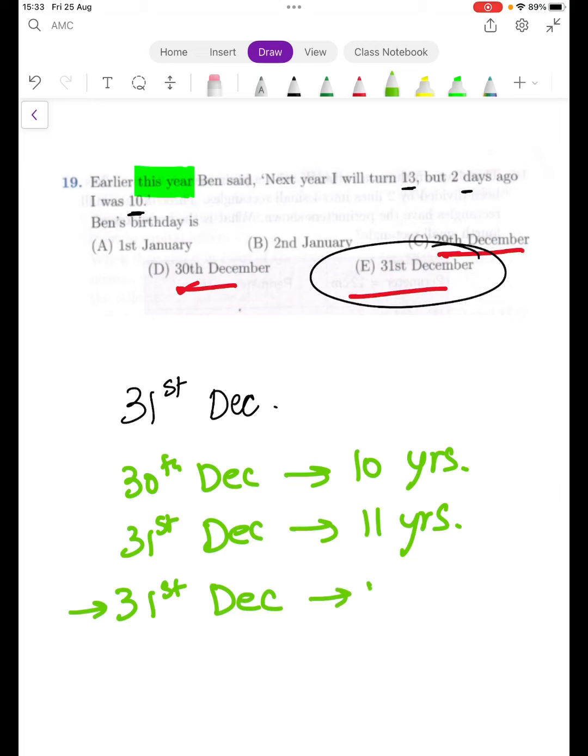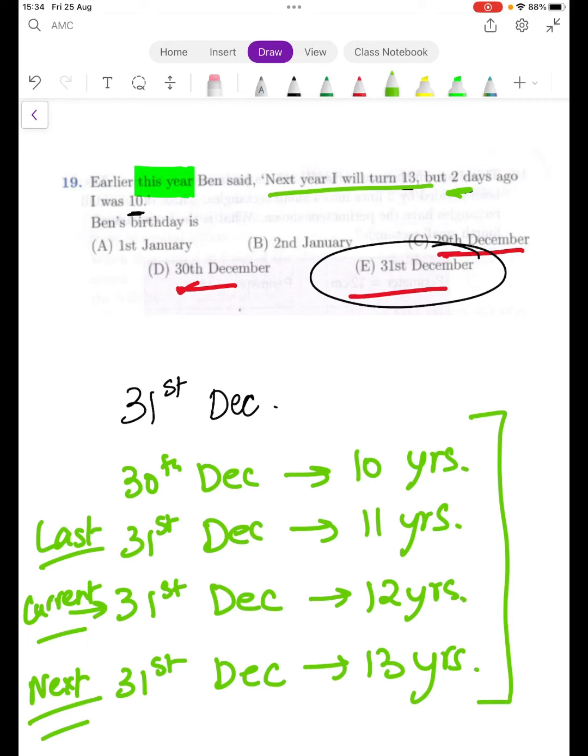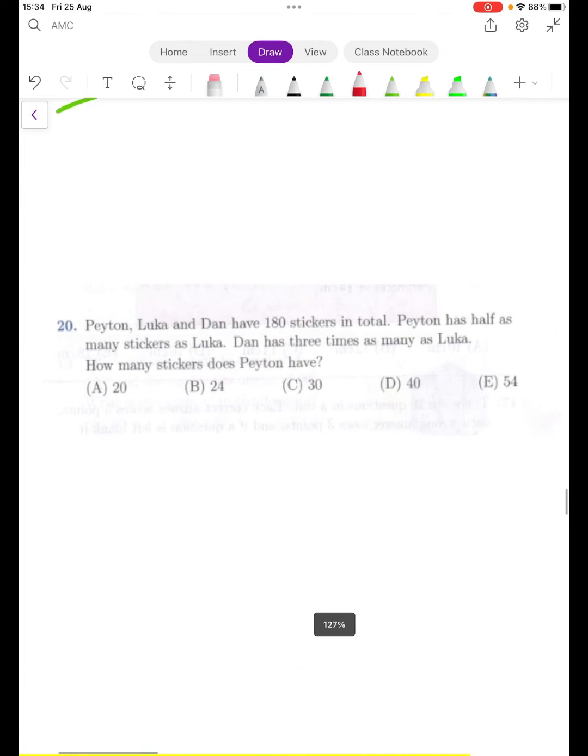So 31st December of this current year, he will turn 12 years. And as he said, next year I will turn 13. So the 31st December of next year, this is next, current, and last year, and he will turn 13 years. So this tricky question is this way. Okay, so the answer that we got is 31st December. His birthday must be on 31st December.